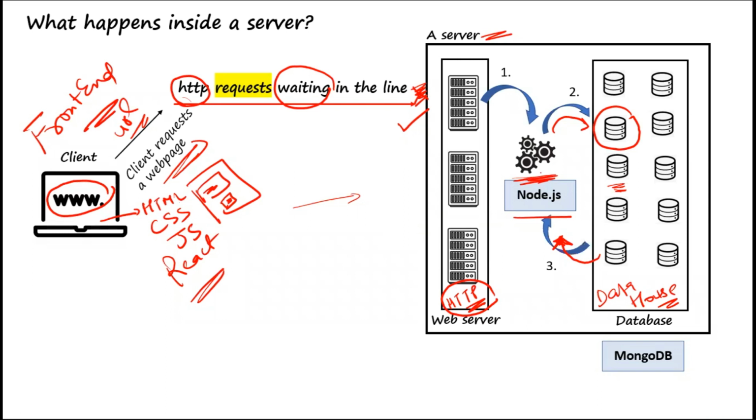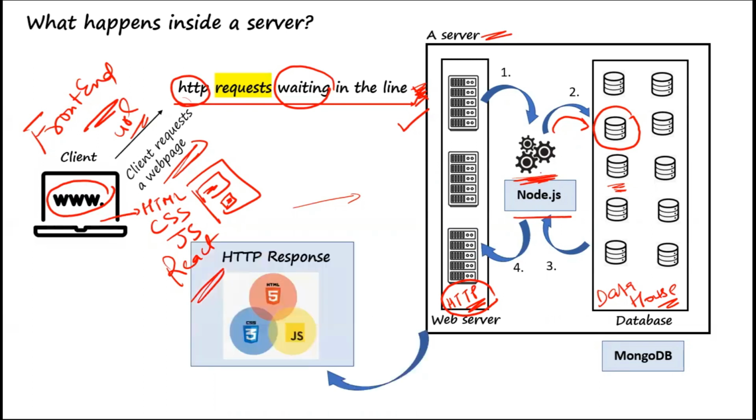It sends all the data required back to Node.js. Node.js again converts it into a format that web servers can understand. Then the web server has all the parts ready, puts them together and sends it back to the client. So this is how the structure works within the server.